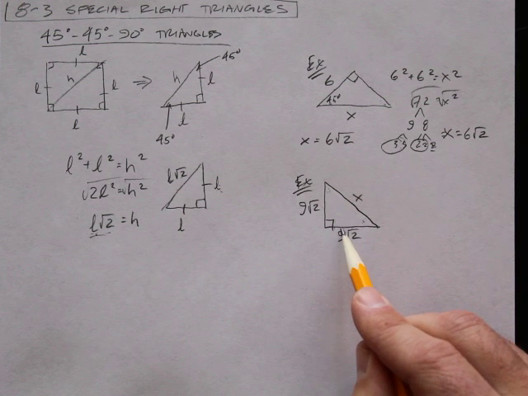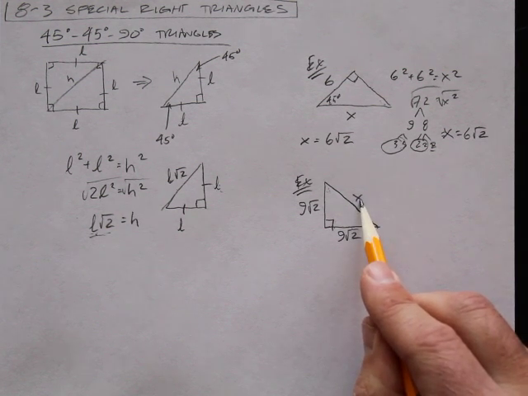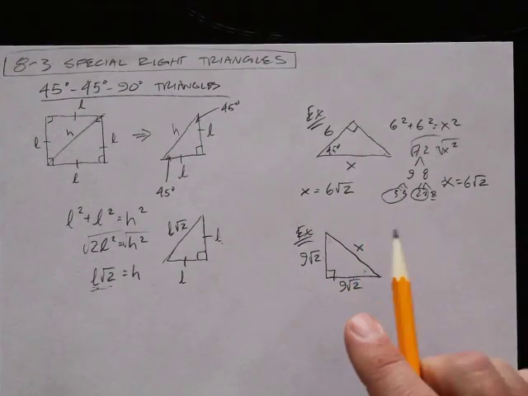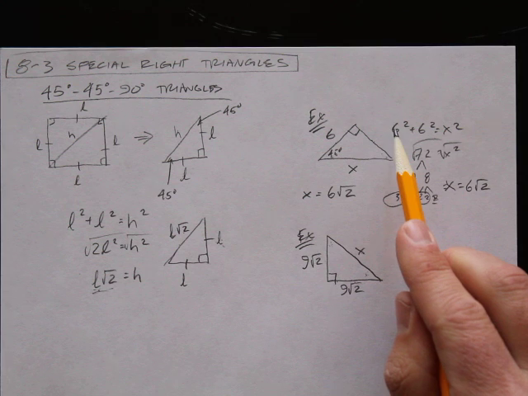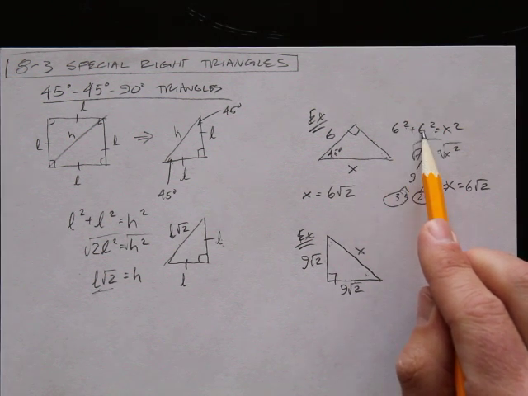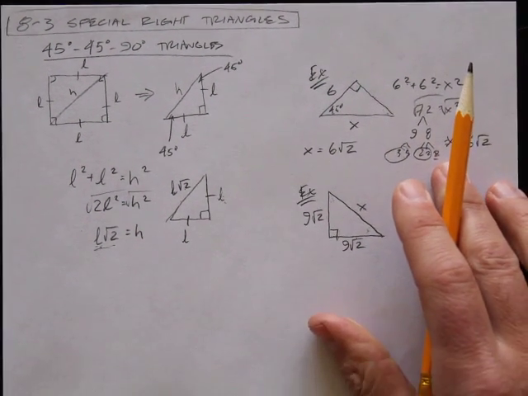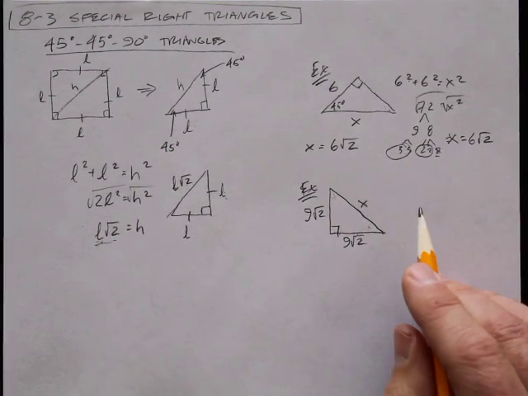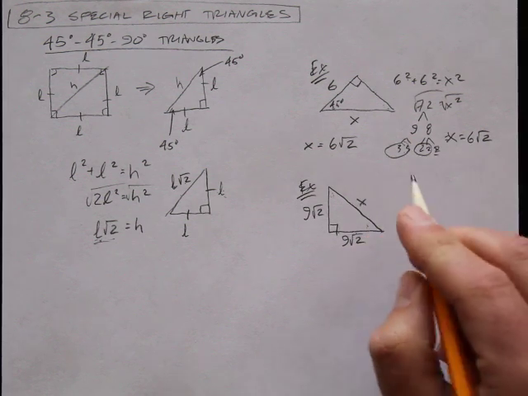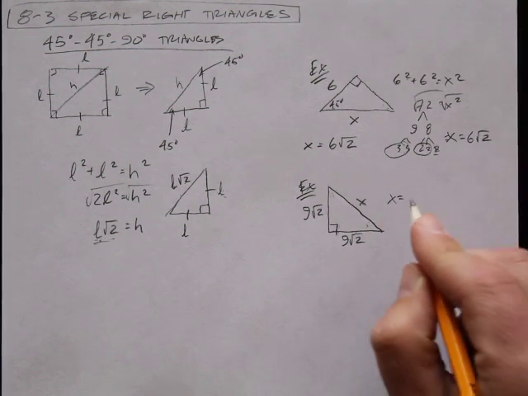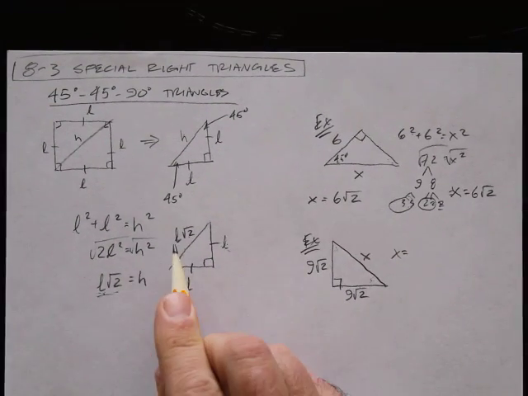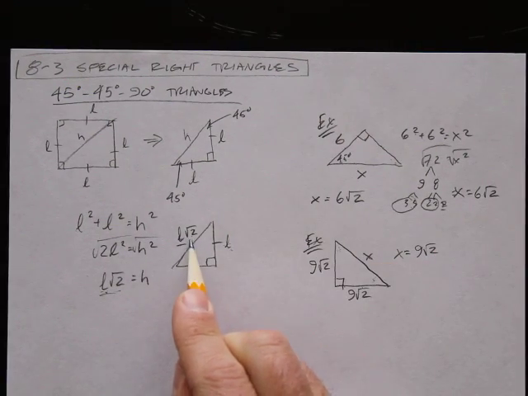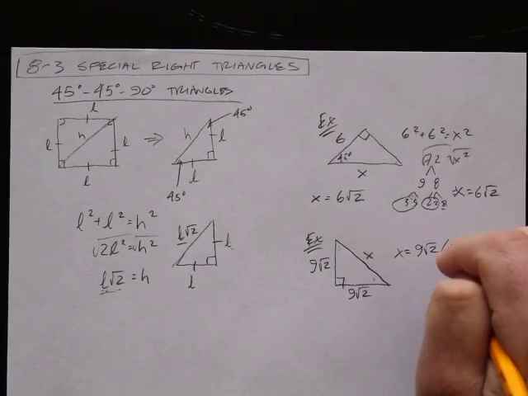Now, how do I go from 9 square root of 2 to find my hypotenuse? So I could do it this same way, 9 square root of 2 squared plus 9 square root of 2 squared, and I can work all that through until I get to the end, or I could say x, or the hypotenuse, equals the length here, which is 9 times the square root of 2, times the square root of 2.